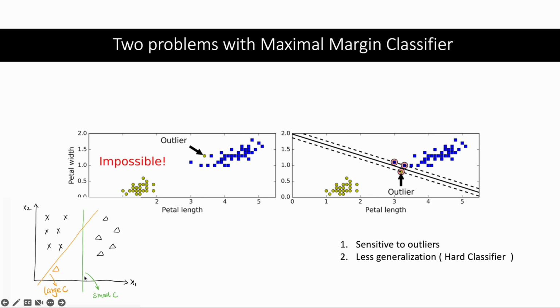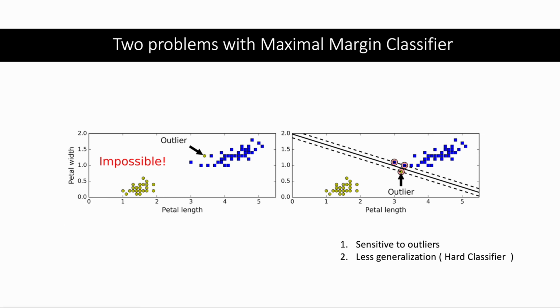Our decision boundary will move from this vertical line to a very slanting line, right? Such a huge shift in the decision boundary because of only one data point, which is probably an outlier. So friends, I hope this makes sense, what the main issues with the maximal margin classifier are. Let's see how to overcome that.